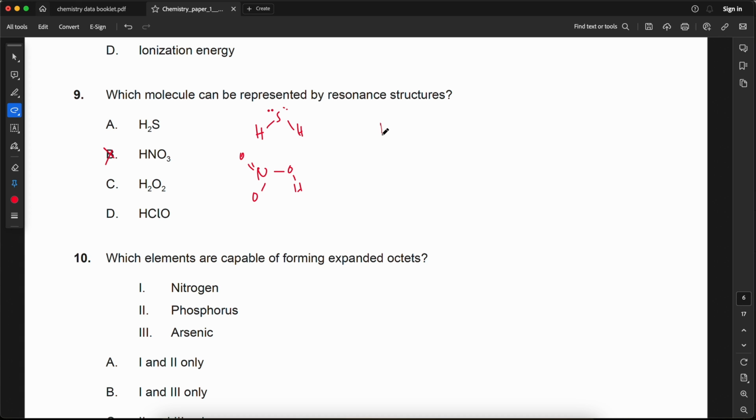And for H2O2, there is no double bond, there is no pi bond, so the resonance will not happen. And for HClO, also there is no resonance.